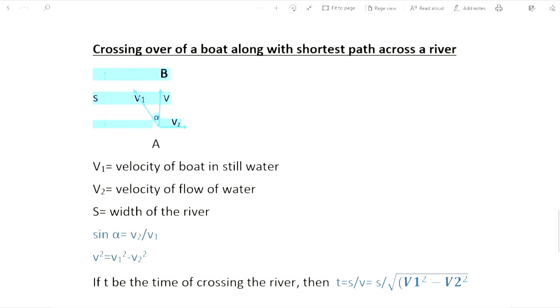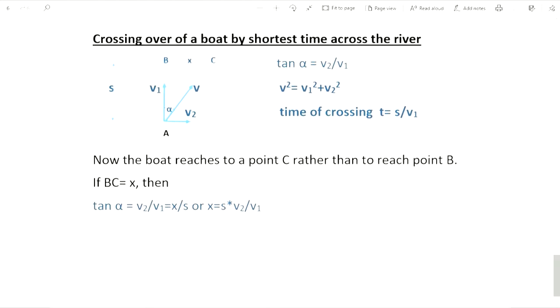And V is the resultant velocity of V1 and V2, and this V is along the shortest path across the river, and V squared is V1 squared minus V2 squared. If t is the time of crossing the river, then t is equal to S upon V, which is equal to S upon under root V1 squared minus V2 squared, as we have derived in the previous equation.